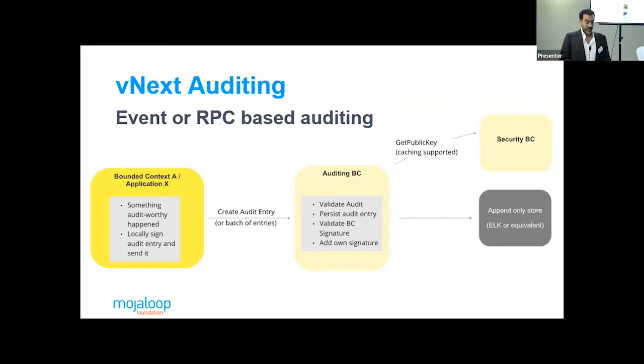Another aspect that is important is that the auditing BC, or rather, no component in this system has access to change audits or to delete audits. The auditing store is write only, and this is an important aspect. What it means is that it guarantees that the system has no ability to mess things up if it has a bug, and it has no ability for someone to overwrite log entries or just change them or do other nasty stuff.